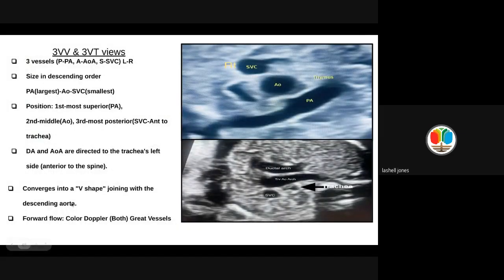All right. So now let's talk about the three-vessel view and three-vessel trachea view. In your three-vessel view, you have your pulmonary artery, your aorta, and your right SVC. Okay. Coming from left to right, in descending order, your pulmonary artery being the largest, your SVC being the smallest.